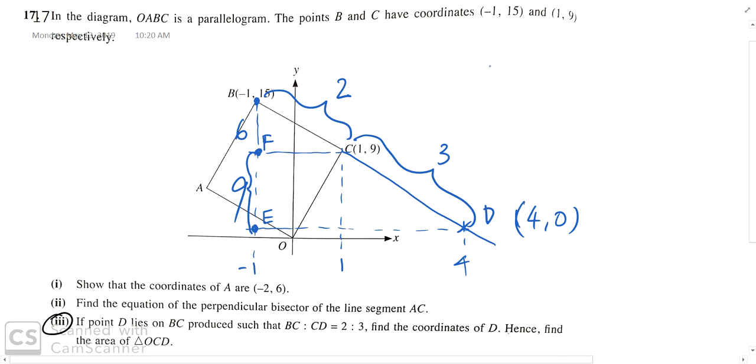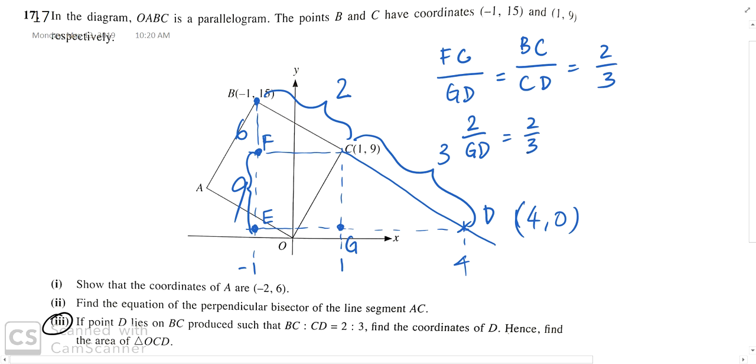So let's start with the horizontal side. E, F, G. Okay, we need another point over here, G. So FC over GD must be equals to BC over CD, which is 2 over 3. Then FC we can find that is actually 2, so 2 over GD equals 2 over 3.